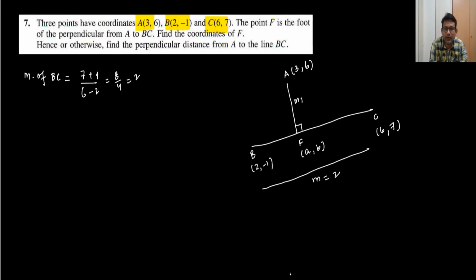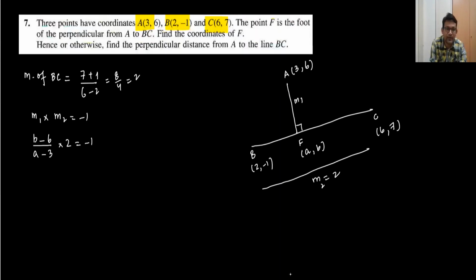Okay, let's see what we can do now. First condition we can apply: the gradient m1 multiplied by this gradient, I can suppose this is m2, m2 is equal to -1. For m1 we can write the AF gradient, so (b - 6)/(a - 3) multiplied by m2, which is 2, equals -1.